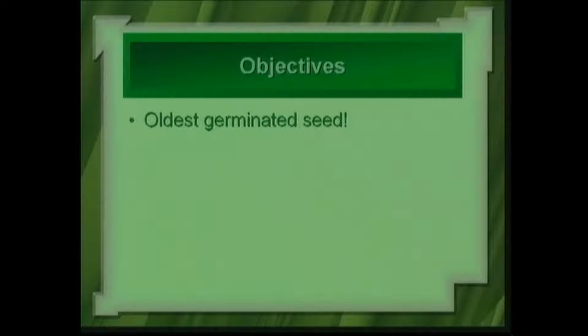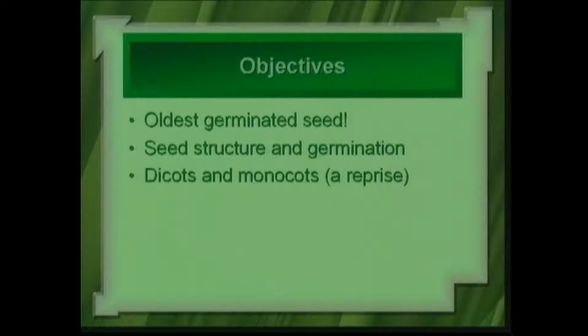First of all, our objectives for today. We're going to first look at another subject of interest, the oldest germinated seed. This is going to be amazing, and this is documented. Next, we're going to go into the structure of seeds and the components of a seed, and into germination: what is germination and what happens during germination of the seed. Then we're going to do a little reprise on dicots and monocots.